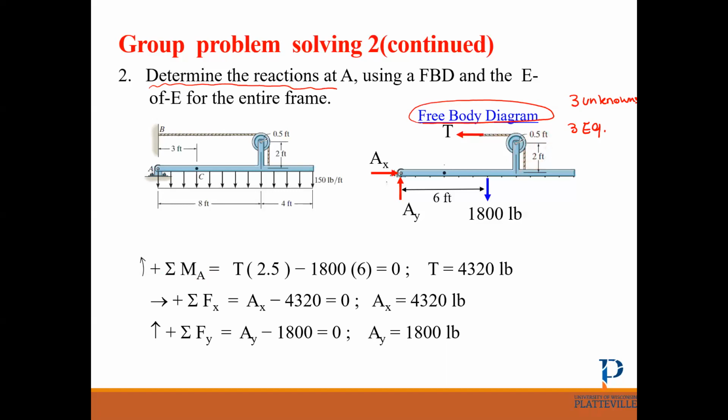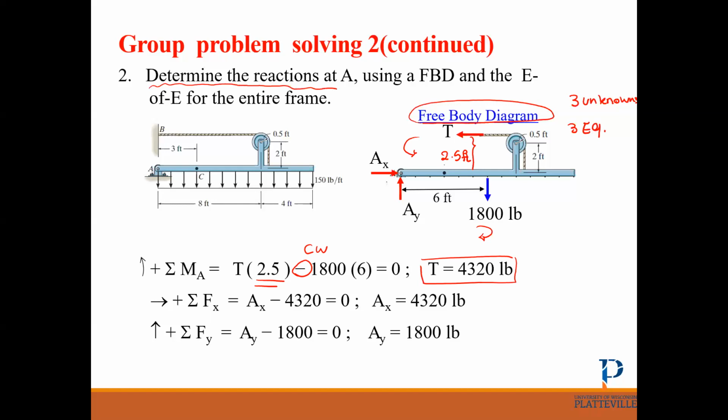It is this distance, which is 2.5 feet, right? What is the direction that makes the moment? It's this way. It's counterclockwise, so it's positive. How about 1800? 1800 makes a clockwise moment, so it's negative. What's the distance? It is 6 feet. So I can solve for T from this equation.